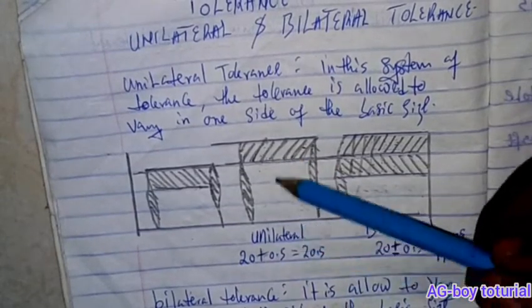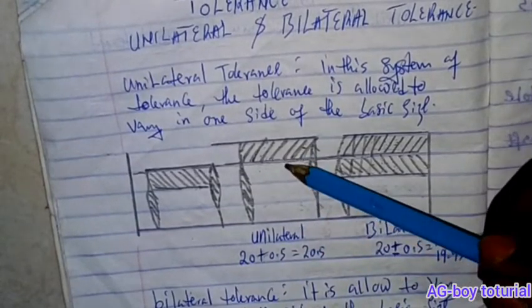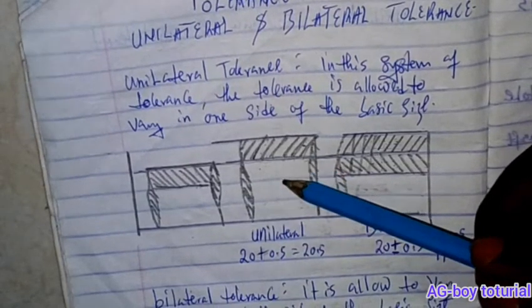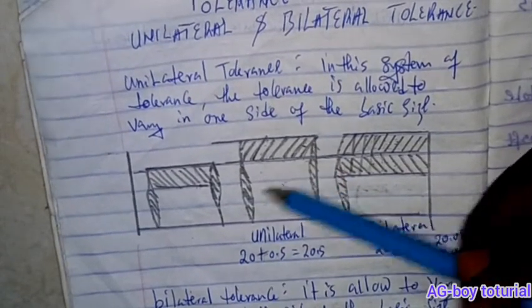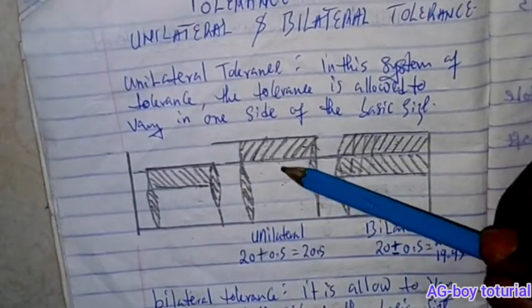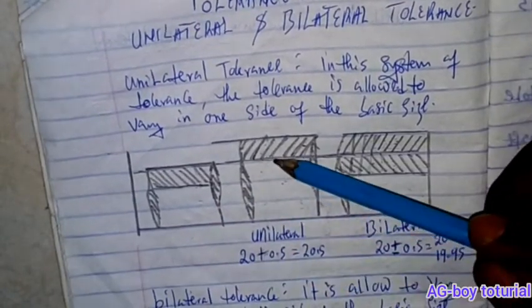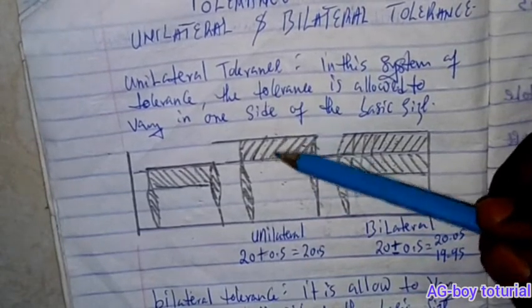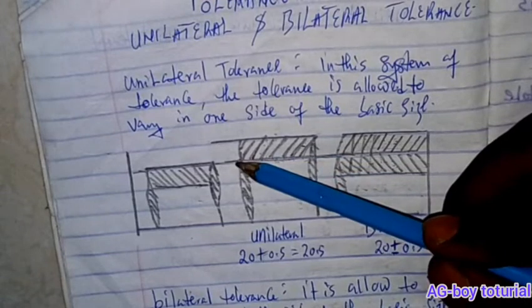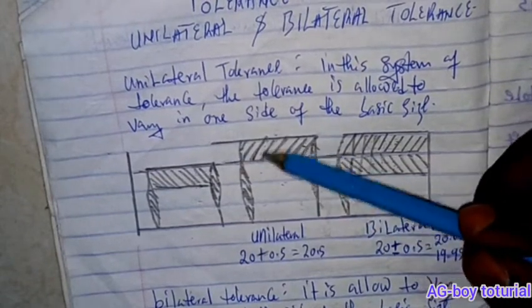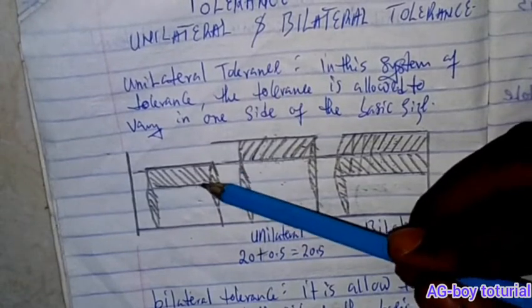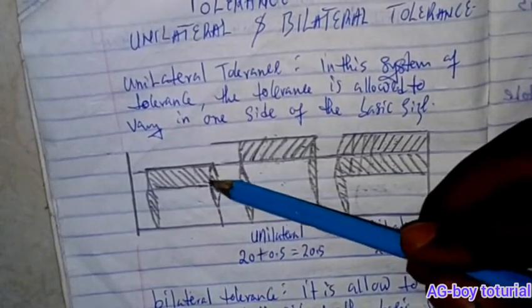Now, for instance, if I'm to find the tolerance of my hole, for instance, this is my hole and this is my shaft, then it's going to be positive because it's above my basic size. It's above my basic line. So it's going to be positive, while my shaft is going to be negative.